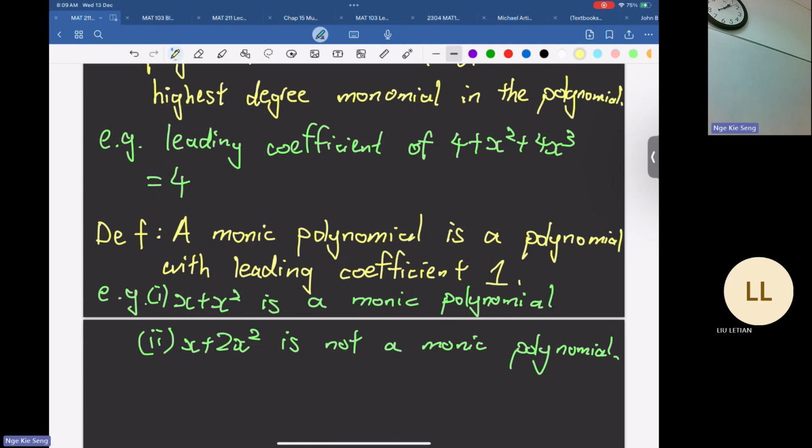So why do we look for monic polynomials? Because remember that we can do division with remainder, or long division, in polynomials. We need a monic condition here, because not every element in a ring is multiplicatively invertible. So you cannot always divide by a non-monic polynomial. You must divide with a monic polynomial.